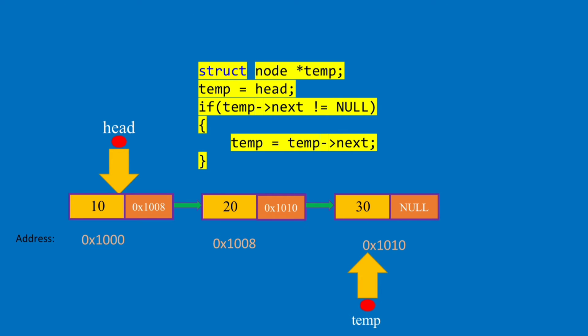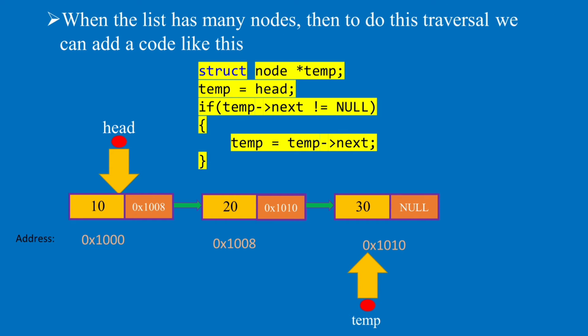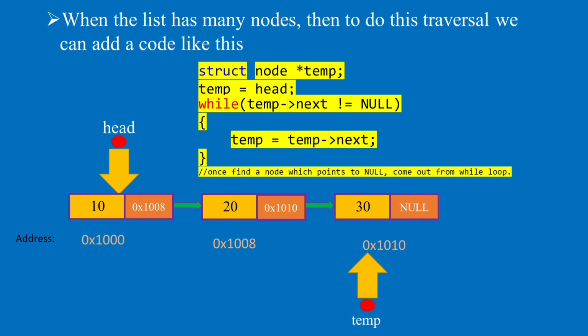When the list has many nodes, then, to do this traversal, we can add a code like this. Replace if condition with while condition, so that condition will be checked repeatedly till we reach the last node.